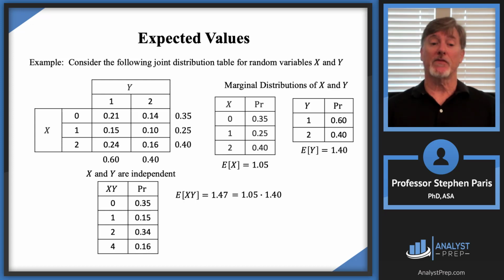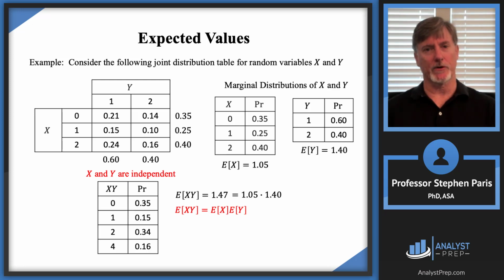In other words, this is a situation where the expected value of the product is equal to the product of the expected values. And this will always happen in the case that you have independent random variables. Because cap X and cap Y are independent, the expected value of the product is the product of the expected values of cap X and cap Y.